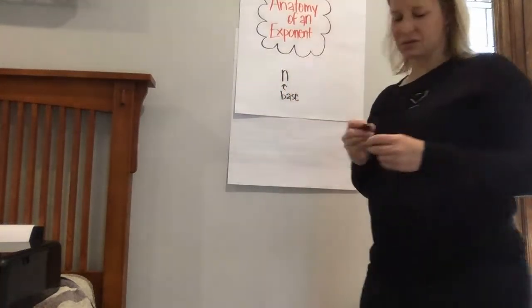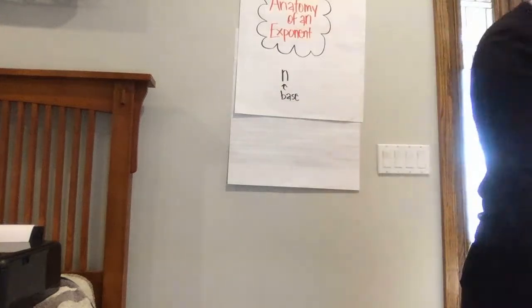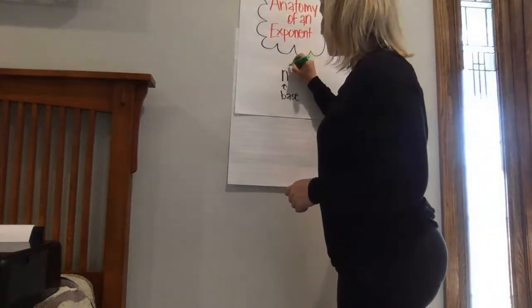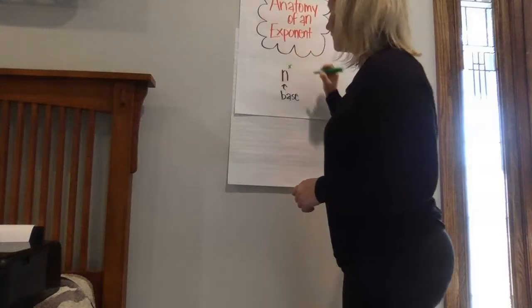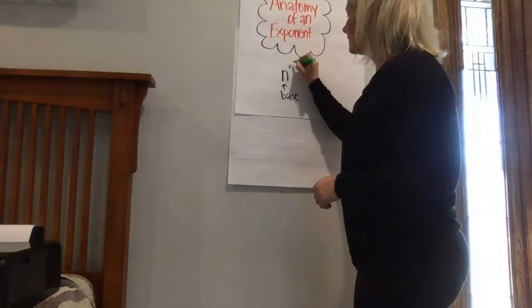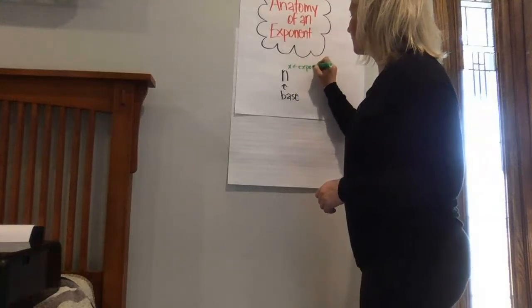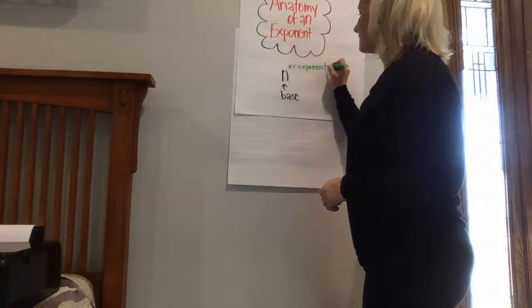That's going to be important to remember. Then the exponent itself, I'm just going to make this x. You can make it a number if that's easier for you to remember. This little number is the exponent. That tells us how many times we multiply the base.